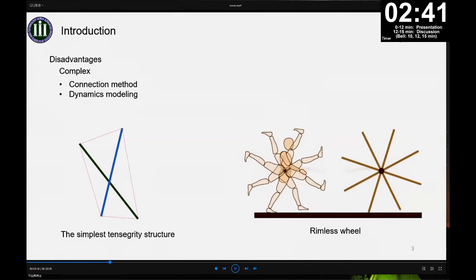Based on this, we propose the subject of this study, the passive walking of the Tensegrity robot based on the minimal model. We believe our research can provide a mathematical theory not only for the application of Tensegrity robots, but also a new idea for modeling in soft robots.